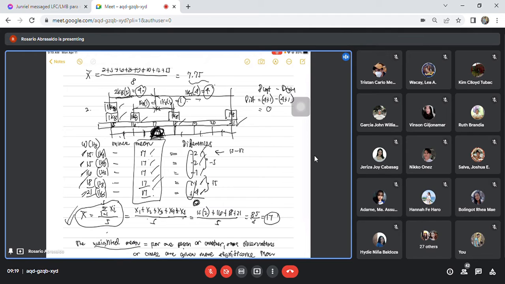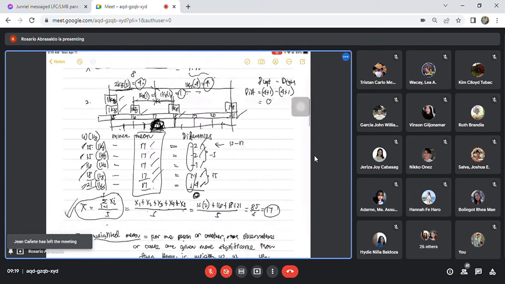Talking about the weights, the weights on the right side of the board balance the weights on the left side. So this is how we identify the mean. The mean is very important.